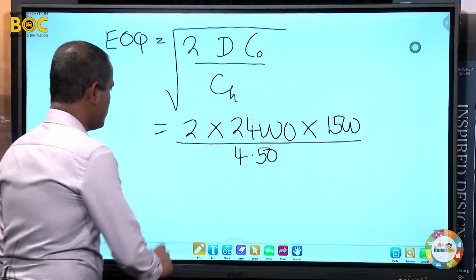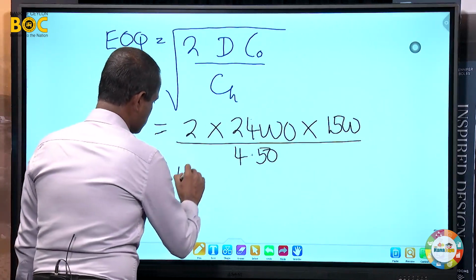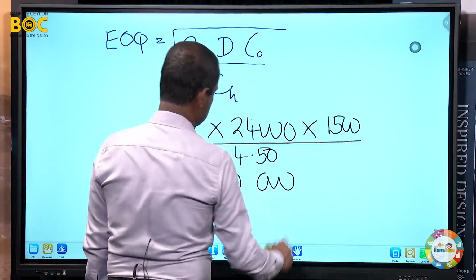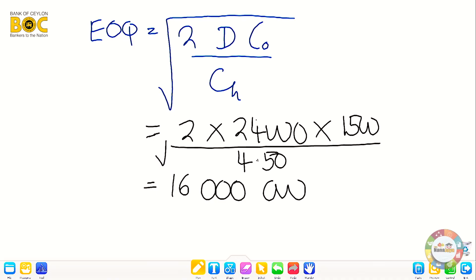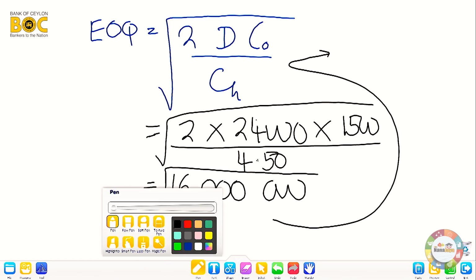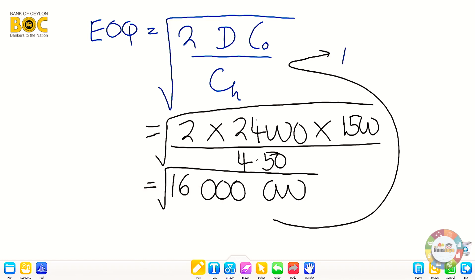Once you multiply, you get 16 million, and then take the square root of this. You can write the square root of 16 million as the square root of 16 into 1 million.